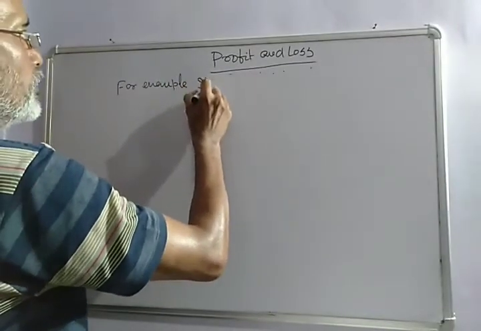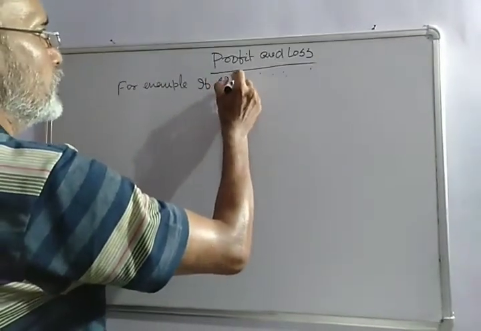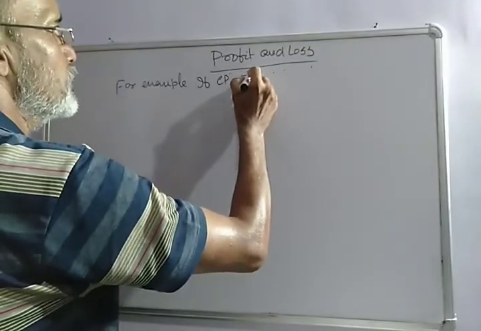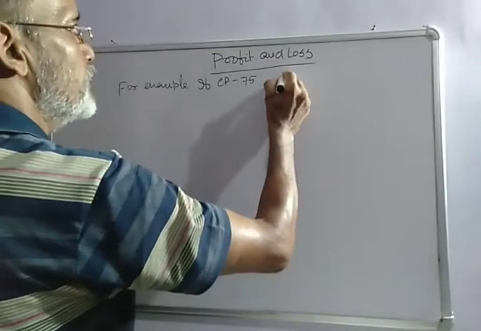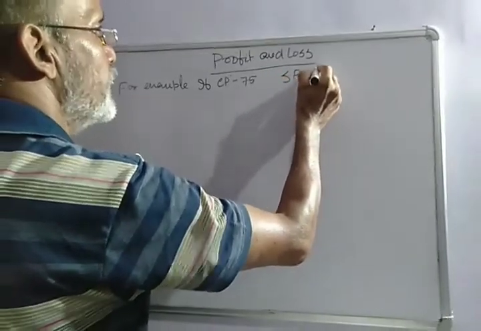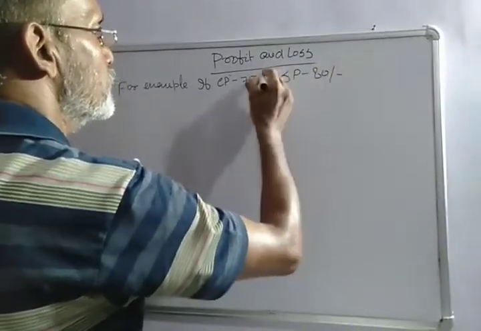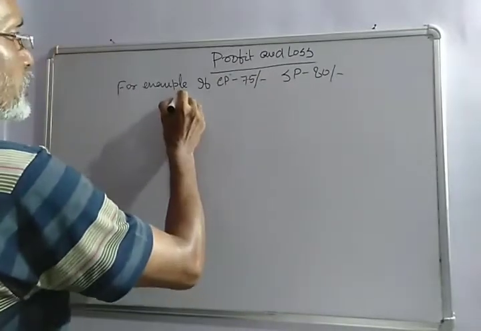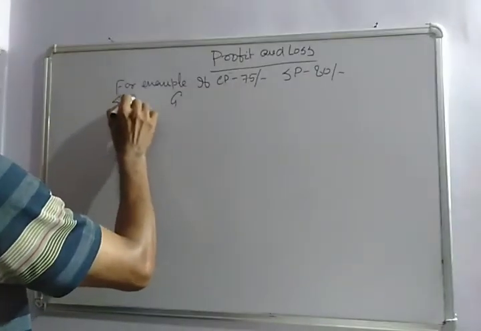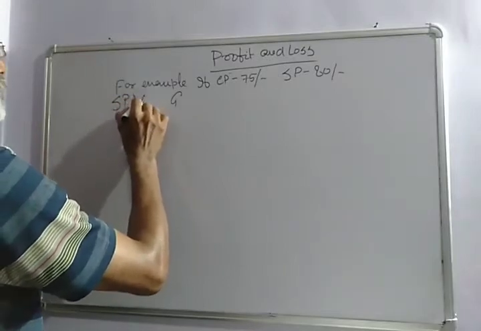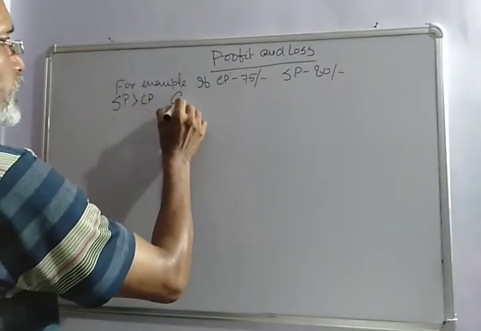If CP is given here 75 rupees, SP is given here 80 rupees, then SP is greater than CP, so gain is incurred.